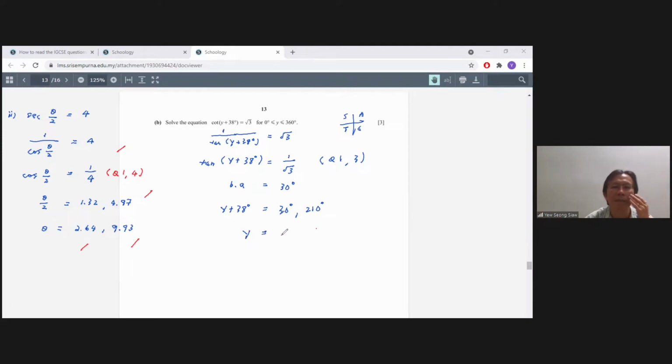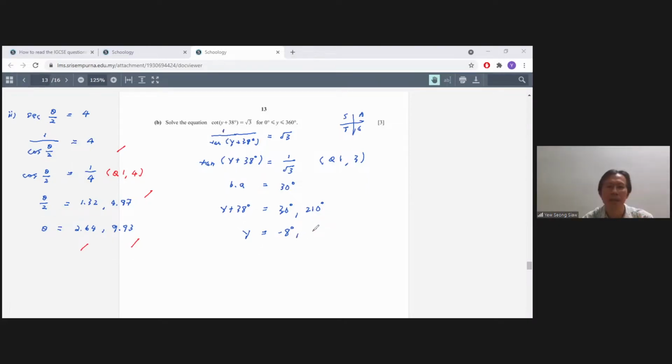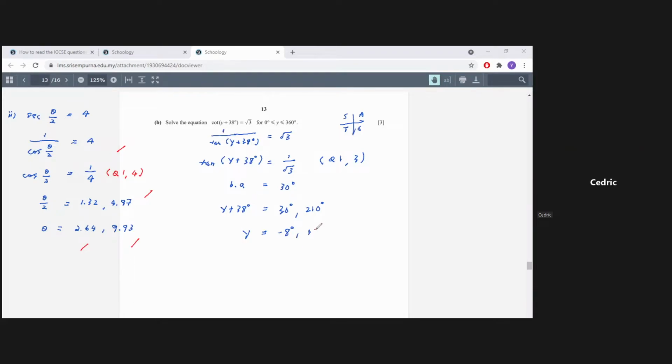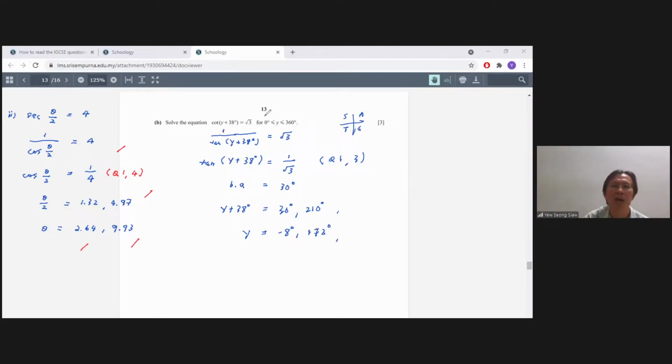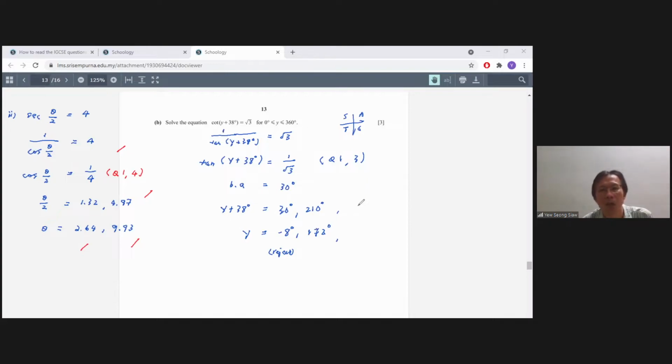Minus 38, becomes 172. Minus 38 for the first one becomes negative 8, so this negative 8 is out of the range. So this one needs to be rejected. If you reject one here, I think here you got one more.